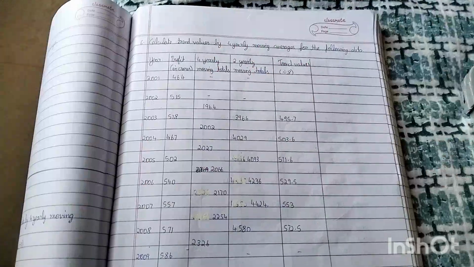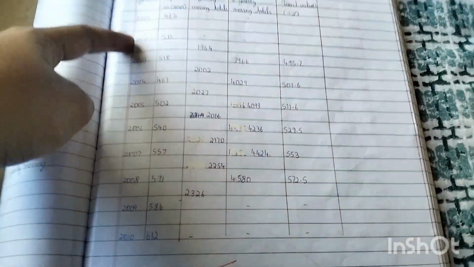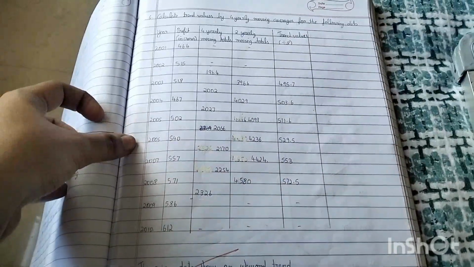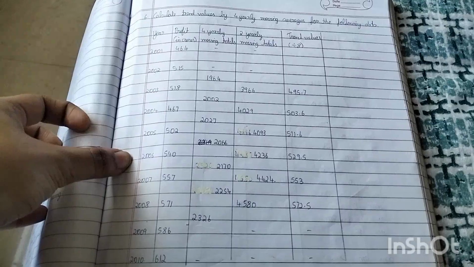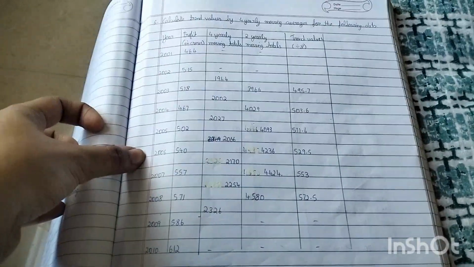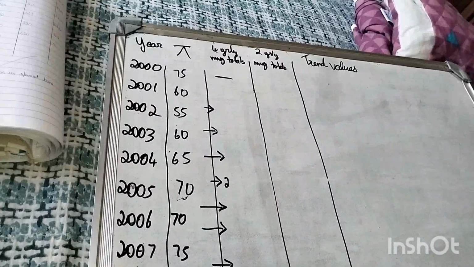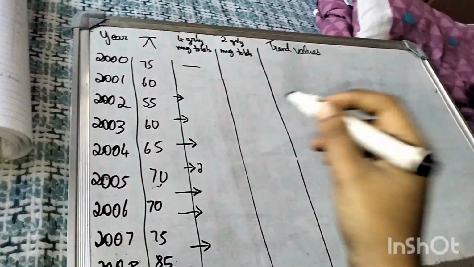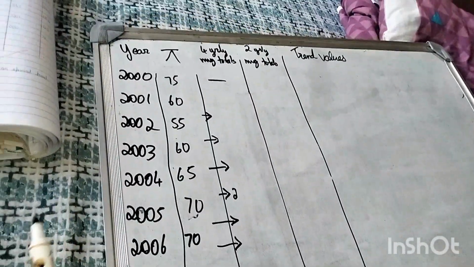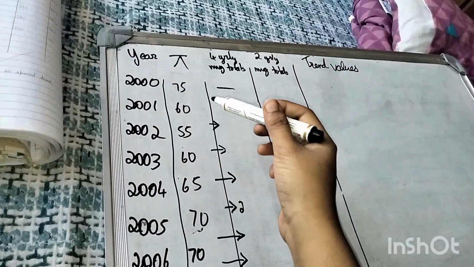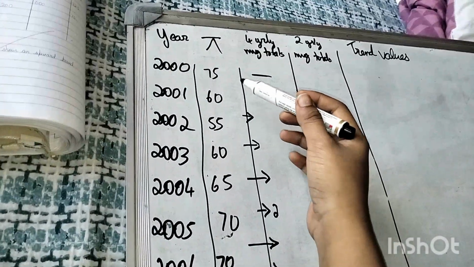Okay. For even-numbered yearly moving averages, you need to leave lines and write. Let's take an example for the 4 yearly moving averages. The years are given, the profits are given. The next table is 4 yearly moving totals. You add the first 4 values, you write it beneath, between the second and the third value.